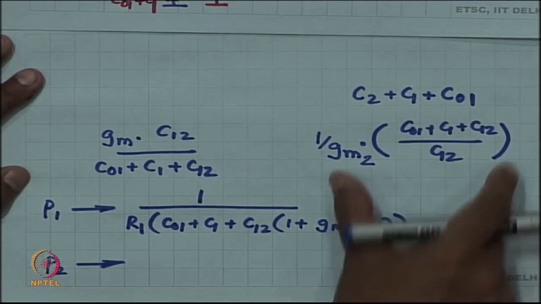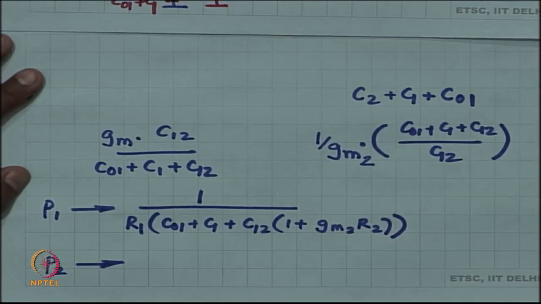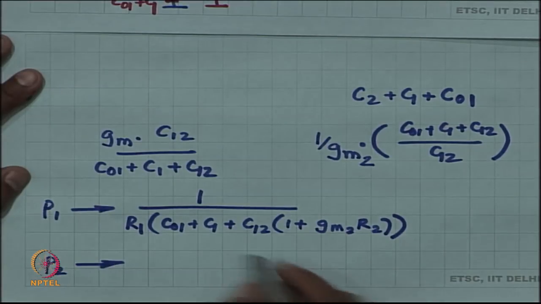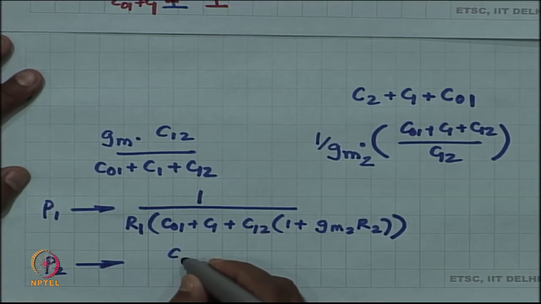Pole number 2, I have got one resistance, one capacitance. So, again it is 1 by RC.